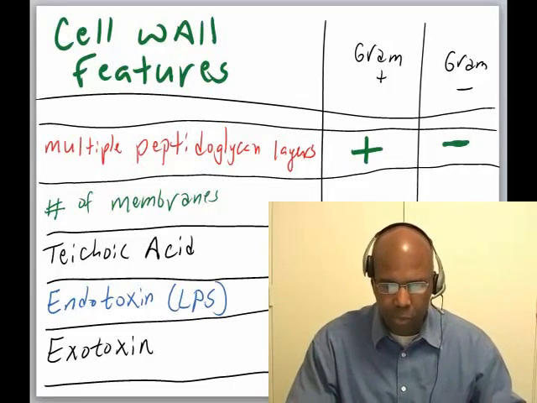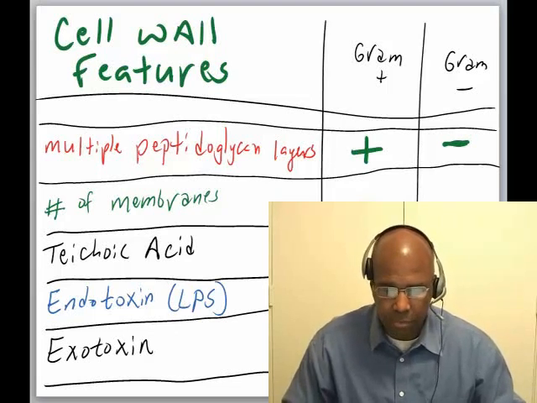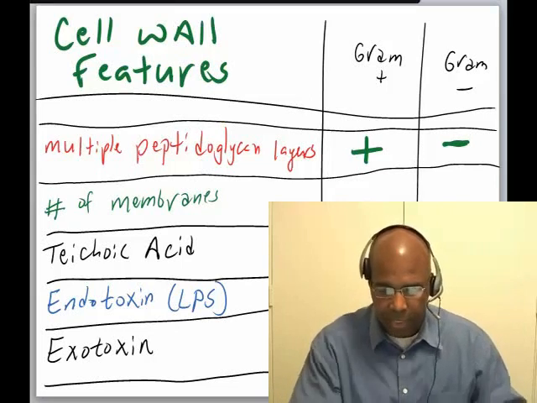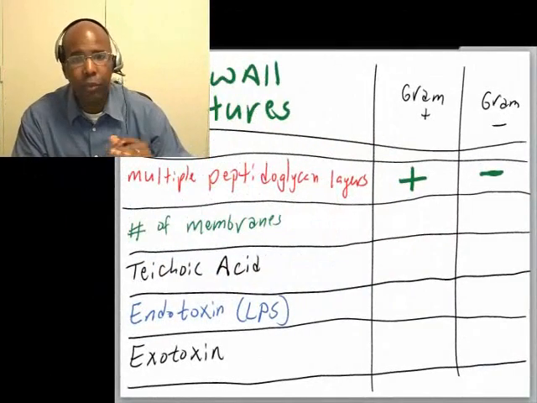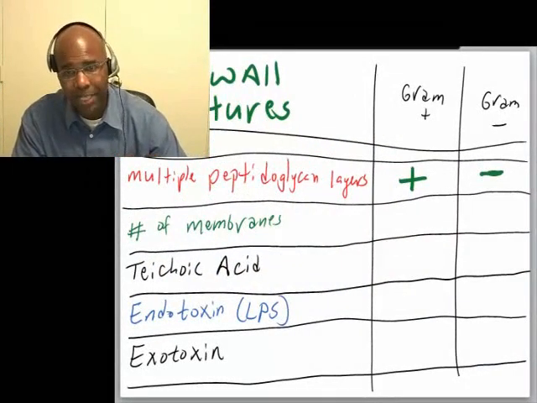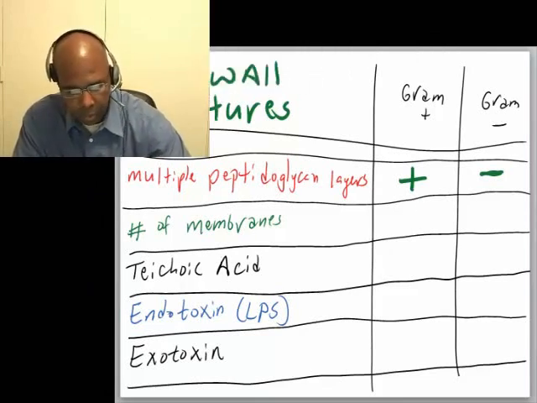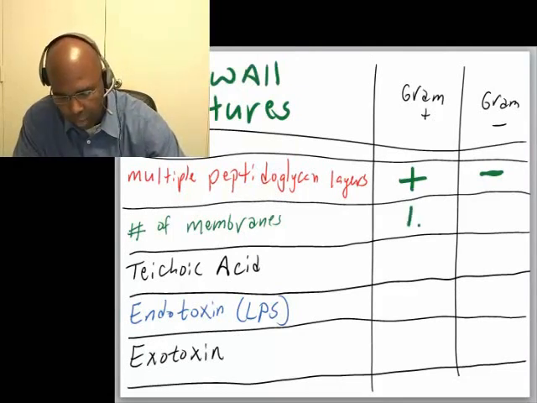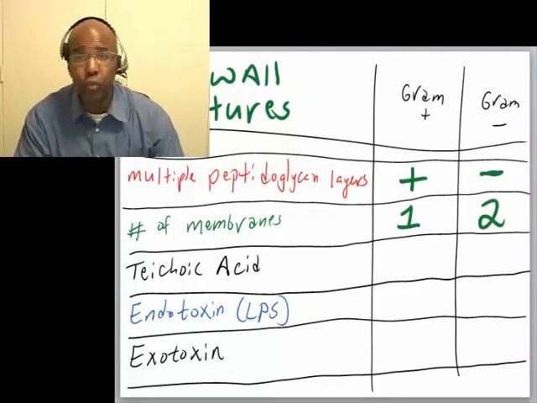If there are multiple peptidoglycan layers, then it's going to be gram-positive. Okay. Next, let's look at the number of membranes. In gram-positive bacteria, there's only one membrane, whereas in gram-negative bacteria, there are two membranes.